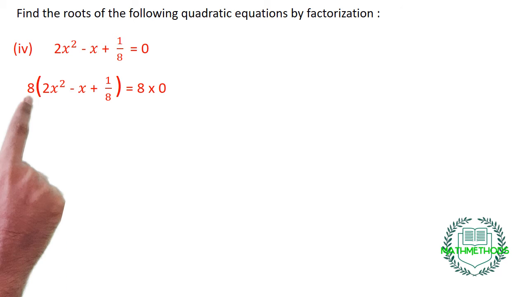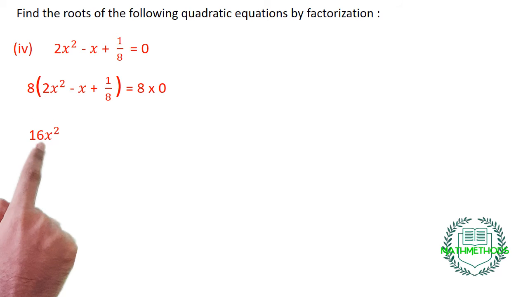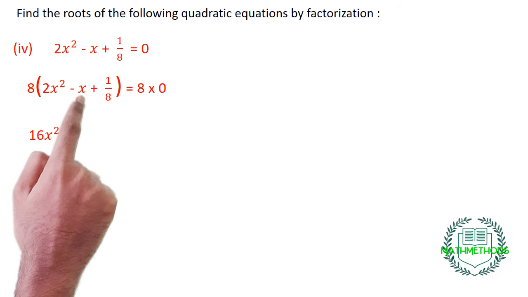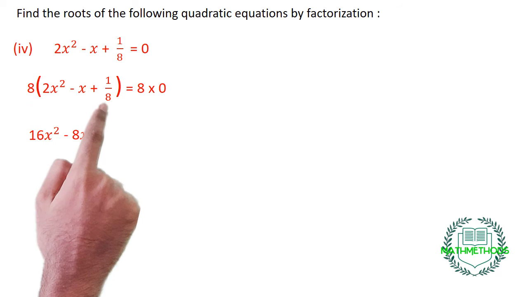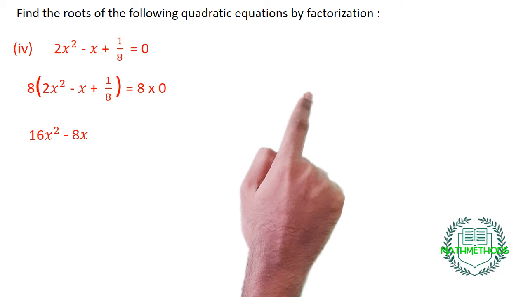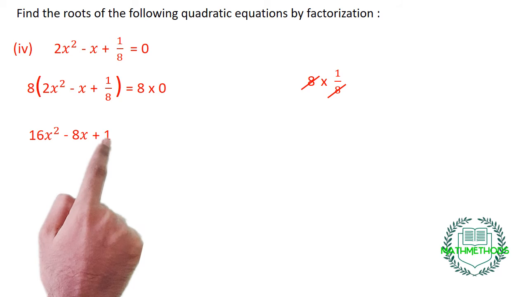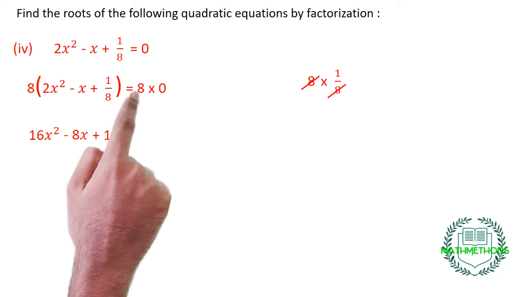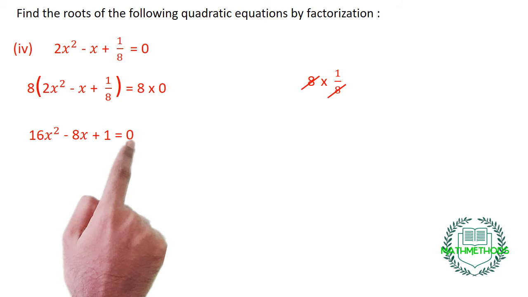Now 8 into 2x squared is 16x squared. 8 into minus x is minus 8x, and 8 into 1 upon 8: when we multiply 8 by 1 upon 8, 8 and 8 get cancelled and we get plus 1, and 8 multiplied by 0 is 0.